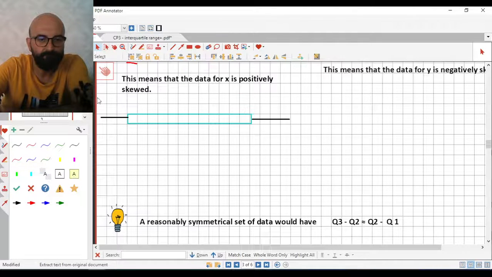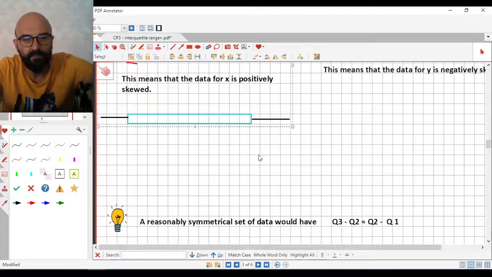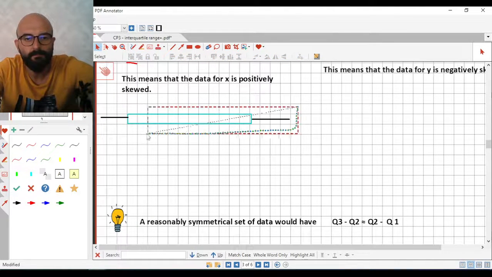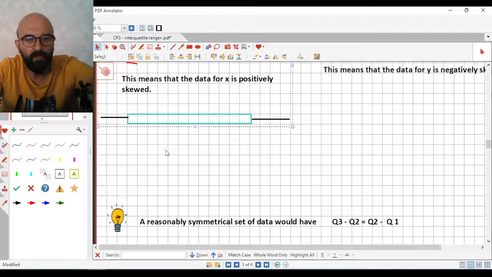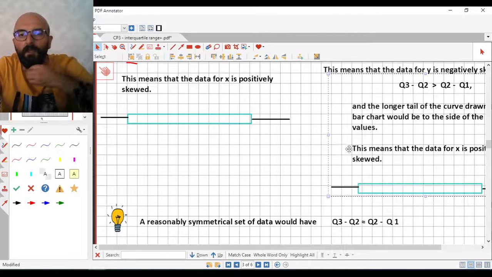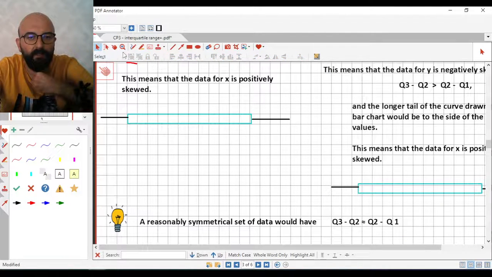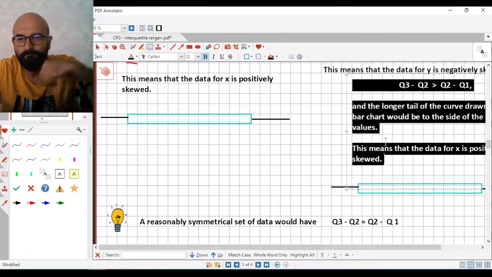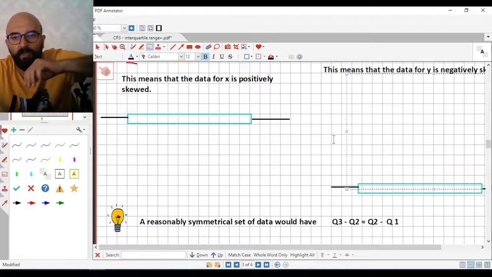And when you look at the diagrams, okay.